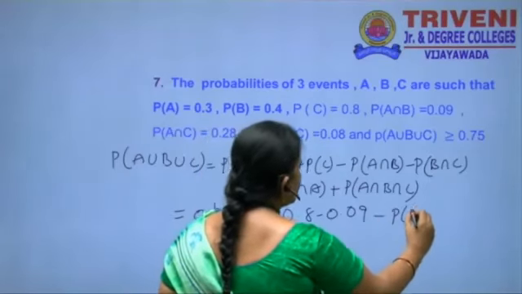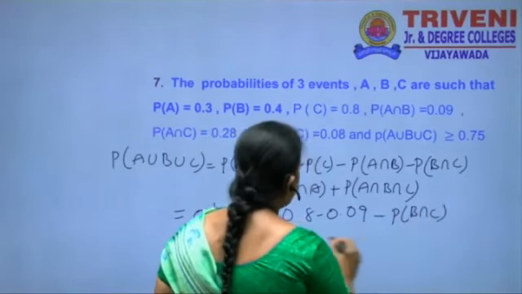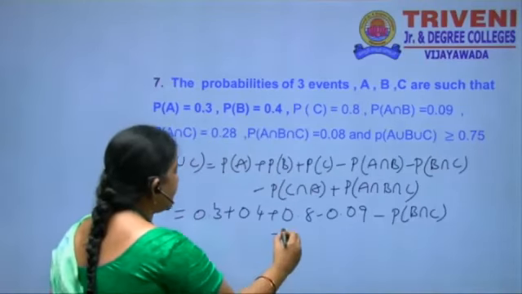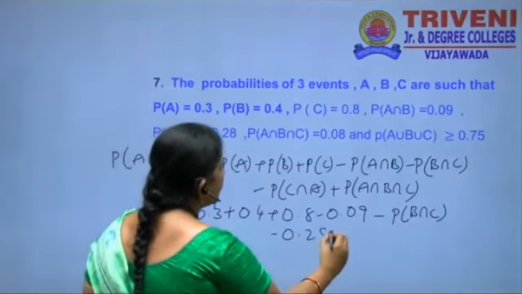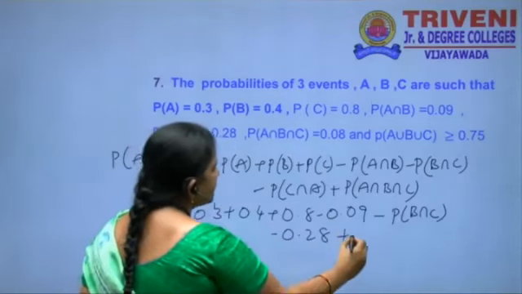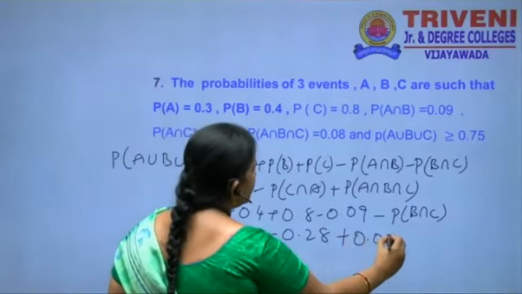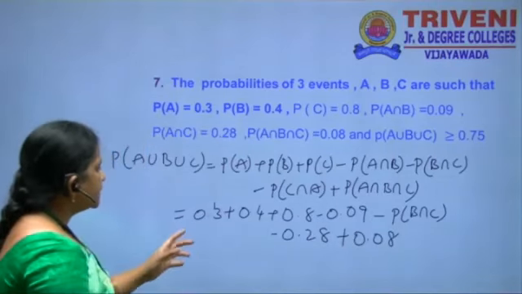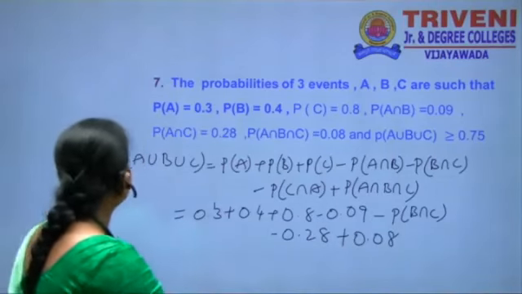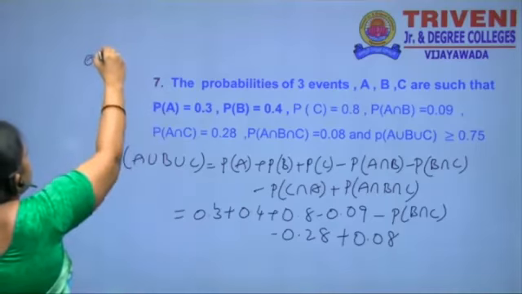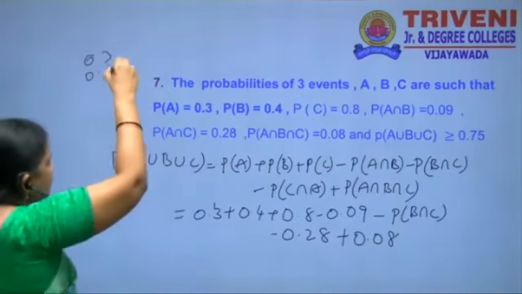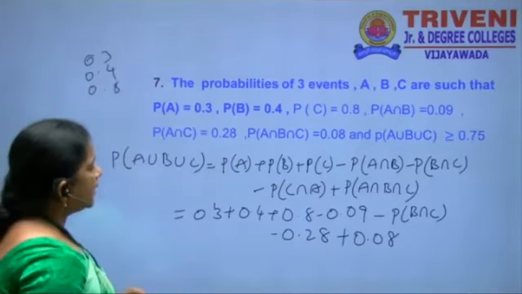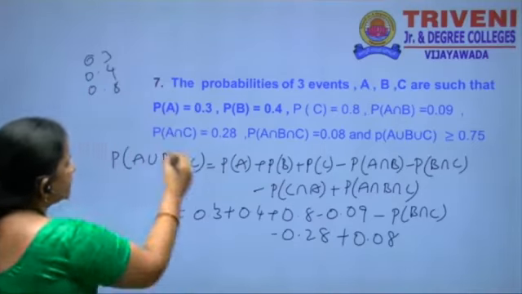Then P of B intersection C minus P of C intersection A, or A intersection C is same, 0.28 plus A intersection B intersection C is 0.08. Then we have to add all these: 0.3, 0.4 plus 0.8 and 0.08.